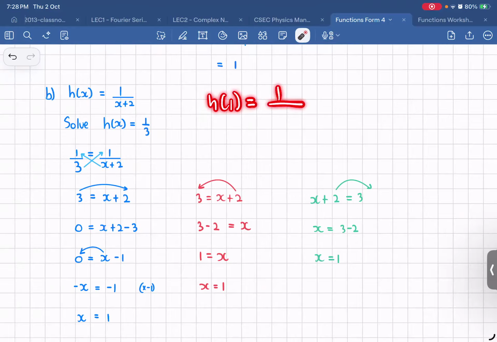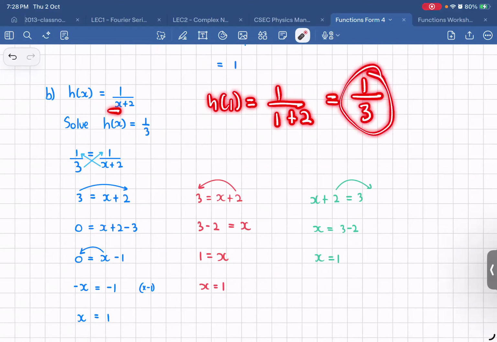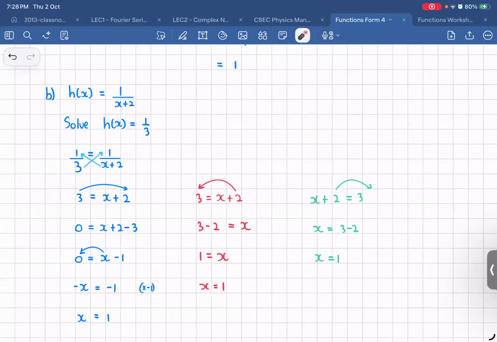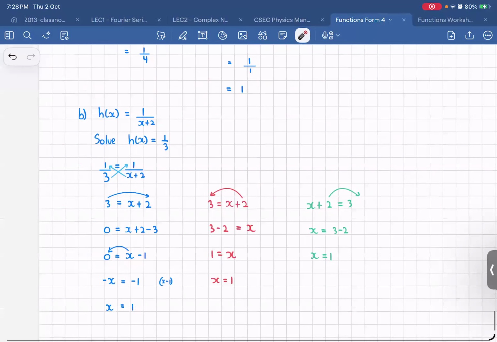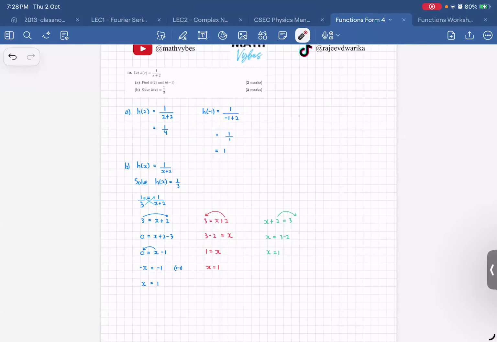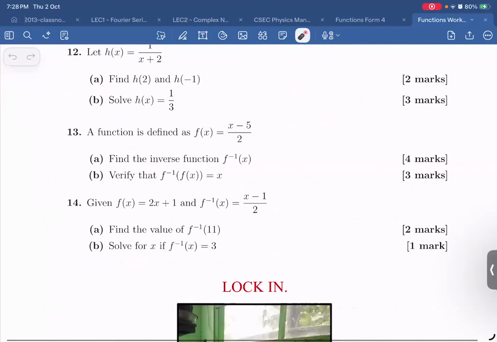So x is 1, right? So I'm going to write 1 instead of x plus 2. 1 plus 2 is 3. Did we get 1 over 3? Wow. It's actually pretty cool. Everything worked out in the end.